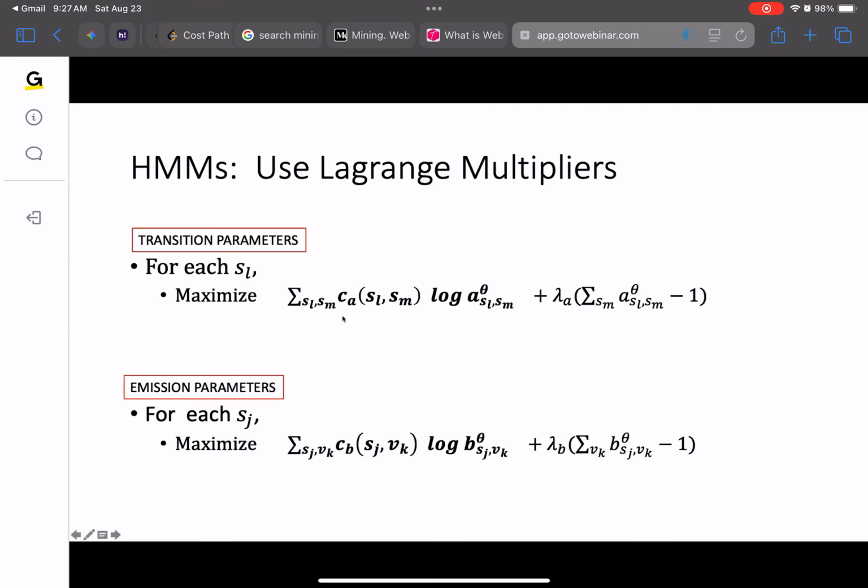Using the Lagrange multipliers, we can introduce the Lagrange variable and try to maximize this particular objective function for transition parameters, and the corresponding expression for the emission parameters is this one. The parameters of A's and B's can be obtained by differentiating and equating these objective functions to 0.